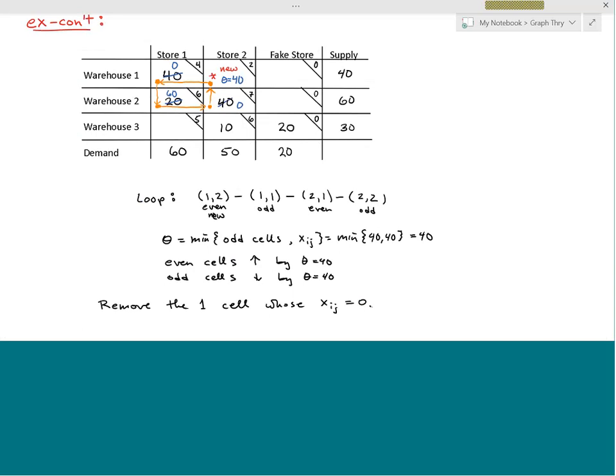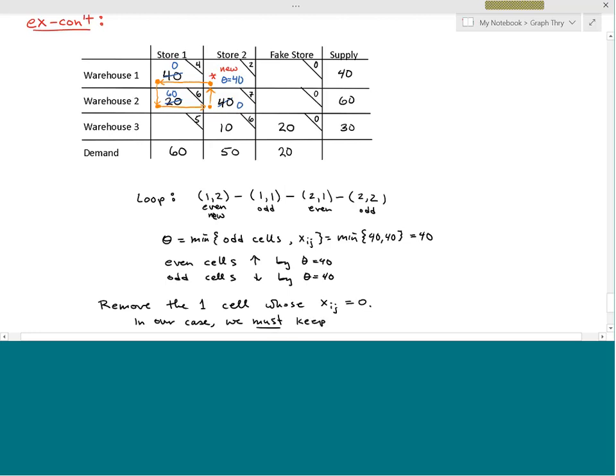Why would I say this is a little bit of a special case? Exactly, because there's 2 zeros. So what that means is you have to keep one of them because you're only allowed to kick out one cell per iteration.